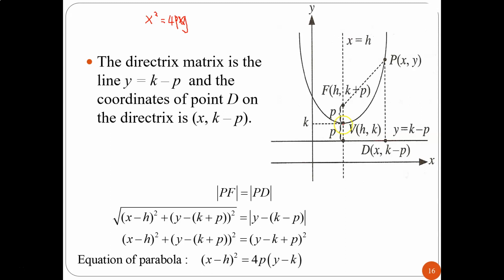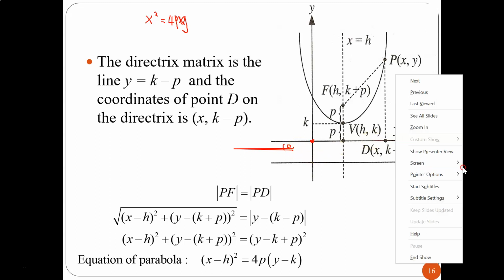Yang mana vertex ni is no longer 0, 0. Dia ada satu point baru, which is H and K. As you can see, the 0, 0 is actually over here. Dia bukan, vertex tu bukan dekat sini sudah.